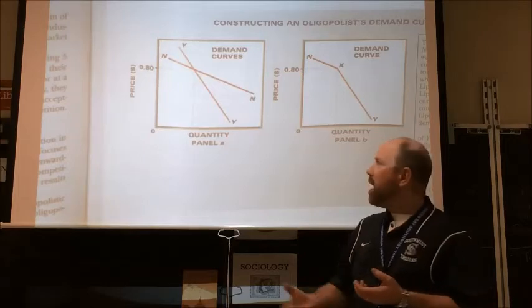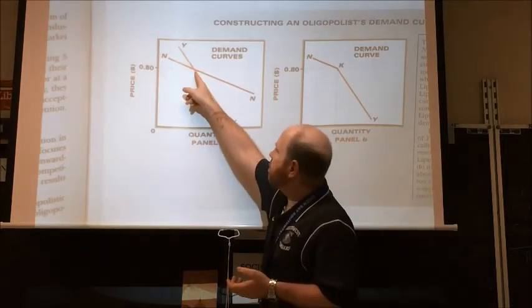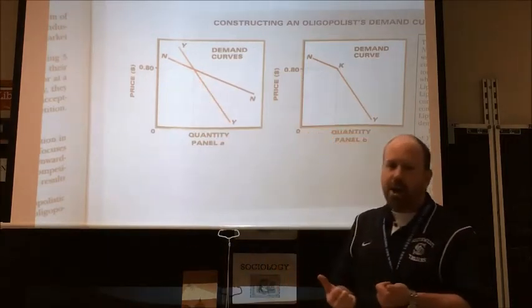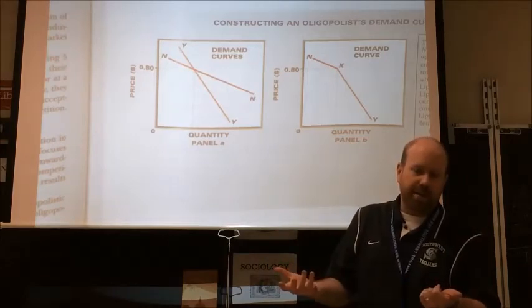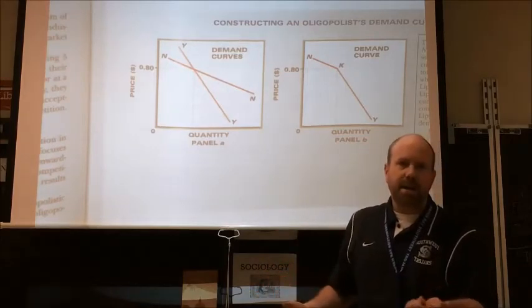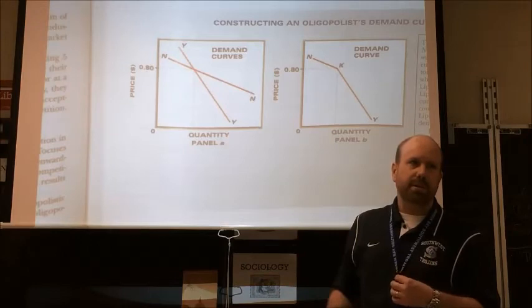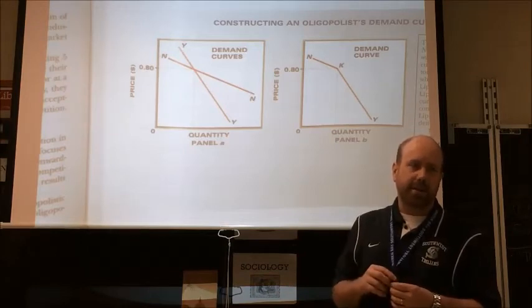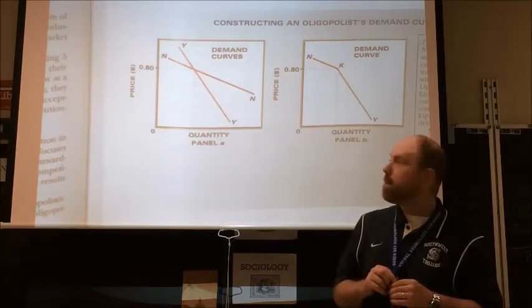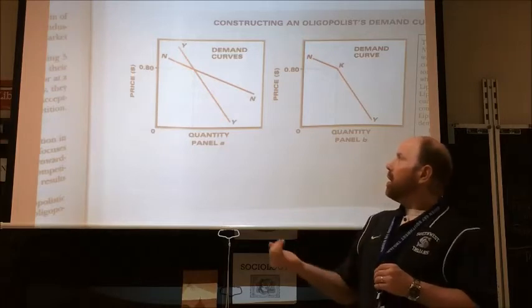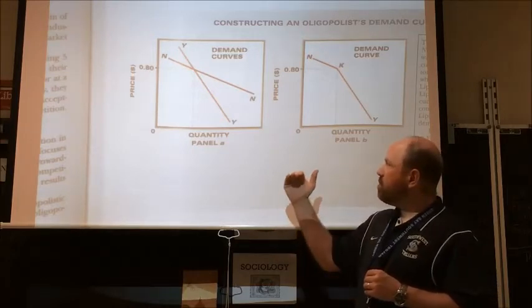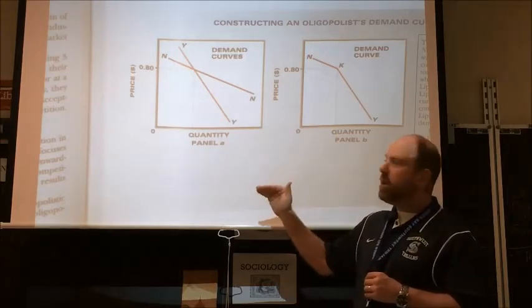So now we combine the fact that when Lipton raises its price, A, at a higher price people are going to demand less Lipton, and B, people will switch from Lipton to other iced teas, right? So it's a much more elastic, a flatter demand curve.